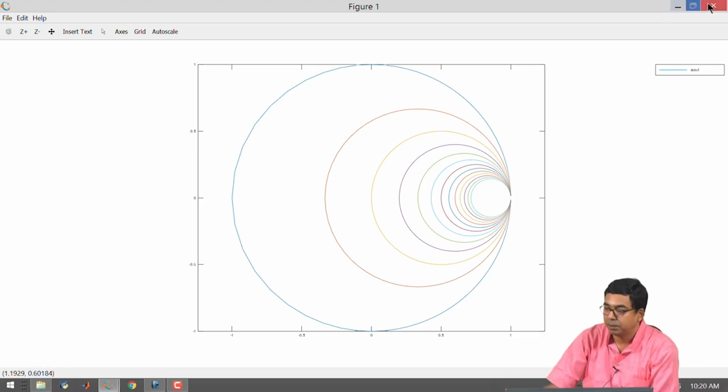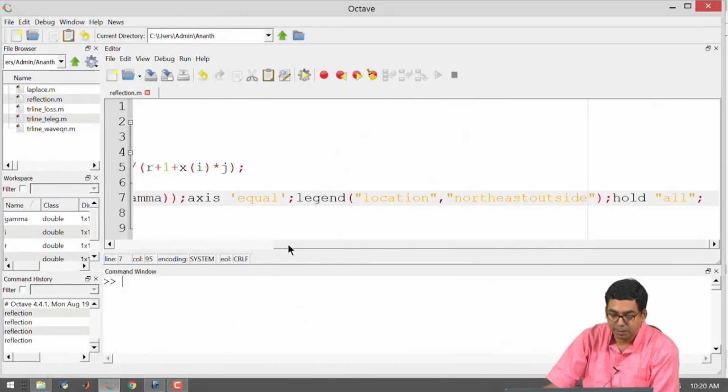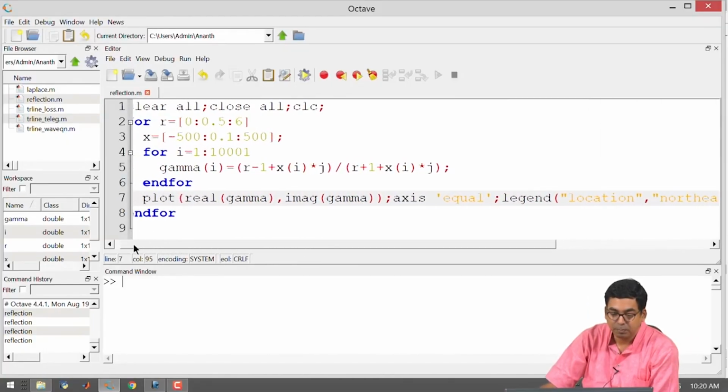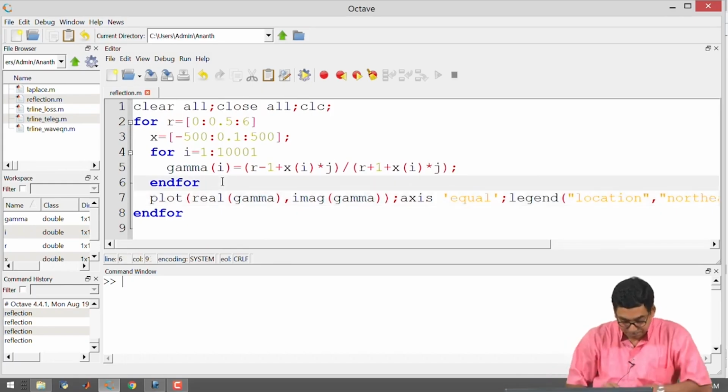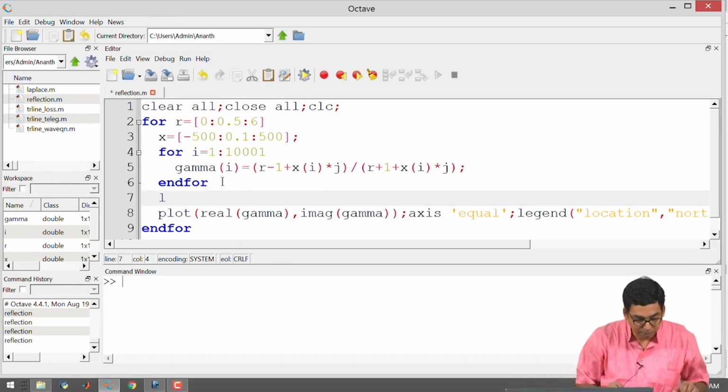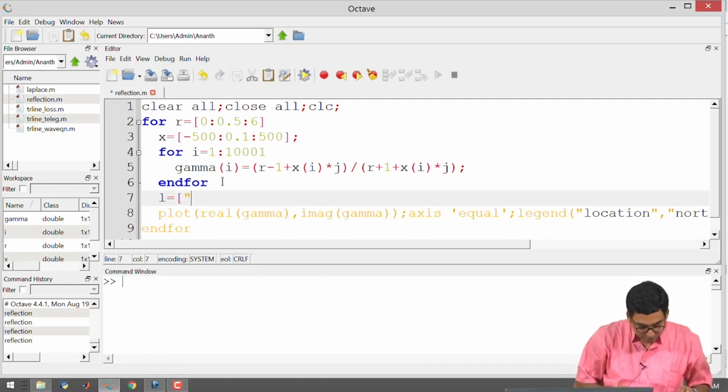Okay. So, just to be safer, I will just correct this plot legend. I will just include a string which I will create for drawing the legend. So, I will say r equal to in text.